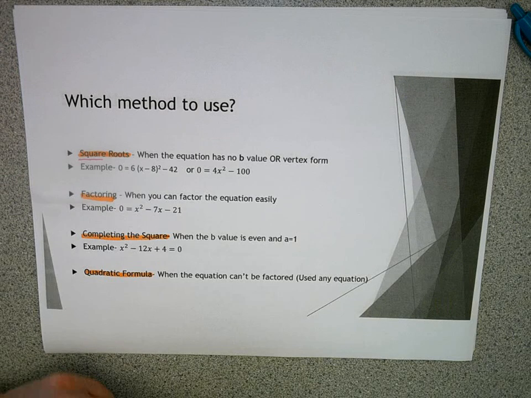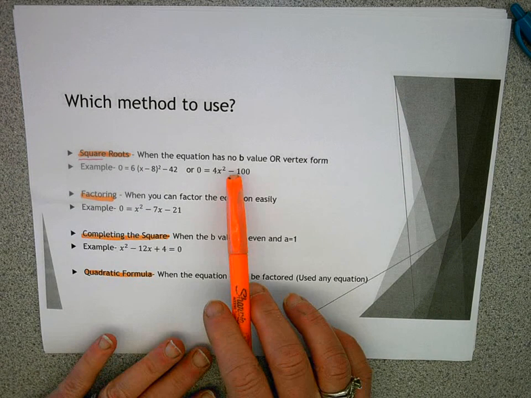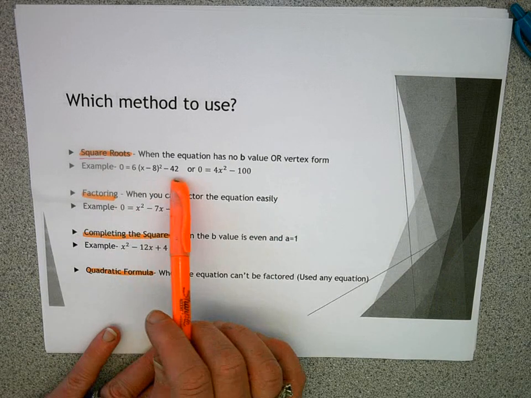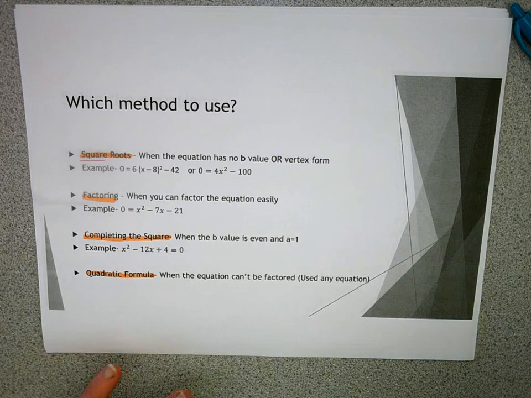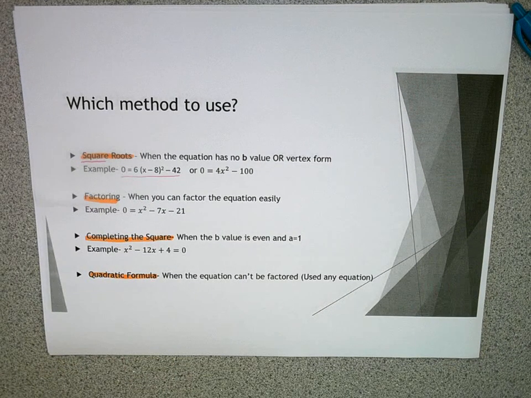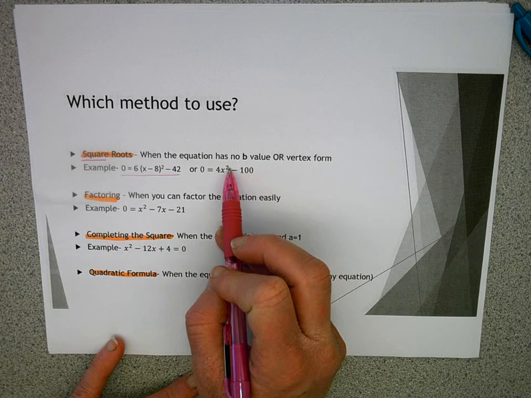Okay. Square rooting. This is best when you have no b value or it's already in vertex form. For example, this one right here is already in vertex form, like we did with the word problems on Tuesday. Real easy to solve by square rooting. Or something like this where you see there's no b value.